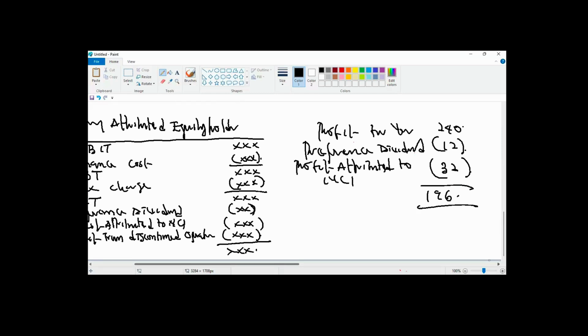Preference dividend is paid out of equity dividends, and the ordinary dividend paid is separate. They said paid to non-controlling interests, as if they were supposed to pay them. No, dividend paid can go to parent or to NCI. It's referring to the one they pay to the parent, not the NCI.